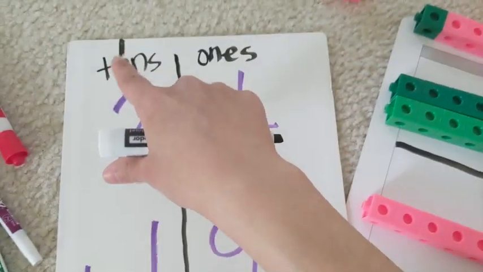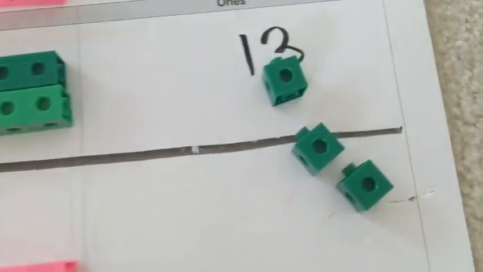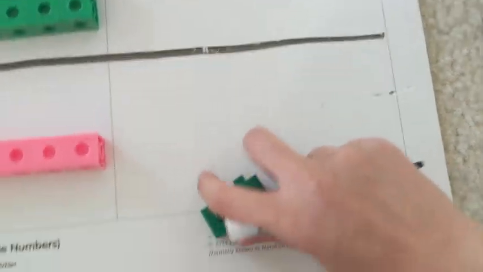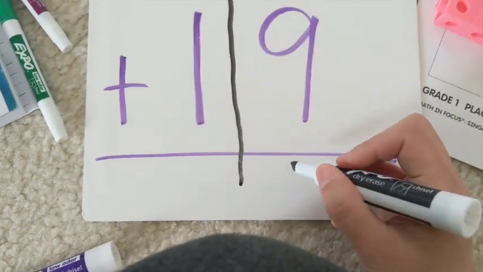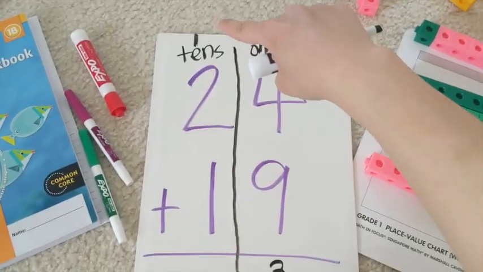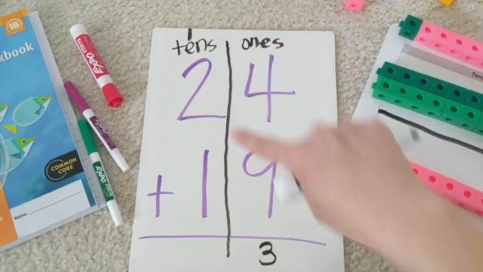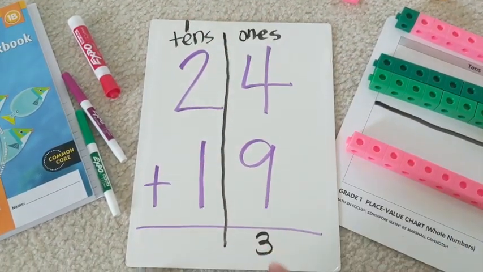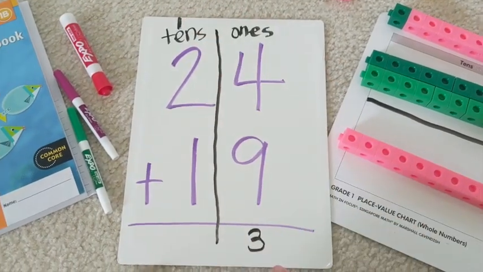We moved 1 over to the top, but the 3 ones here, we can keep them in the ones place. So that's what we have at the end. So we're going to go ahead and write the 3 right here. And you might kind of notice that it kind of looks like a 13. If you look right here, 1 and a 3, you can kind of manipulate those numbers in your head and see that there is a 13.